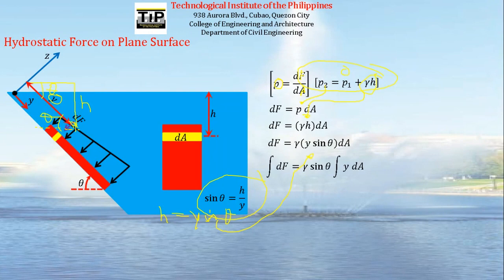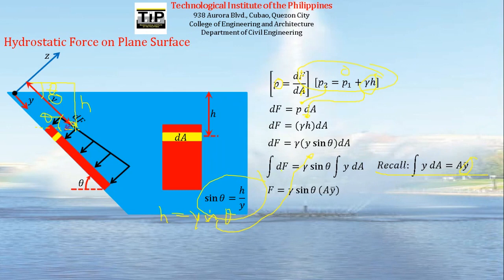We can integrate both sides. Okay. So we have integral of dF equals gamma sine theta integral of Y dA. Recall that integral of Y dA is equal to the area times the centroid along Y. Okay.